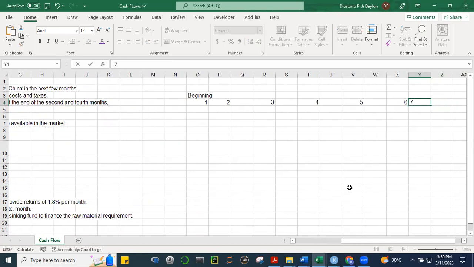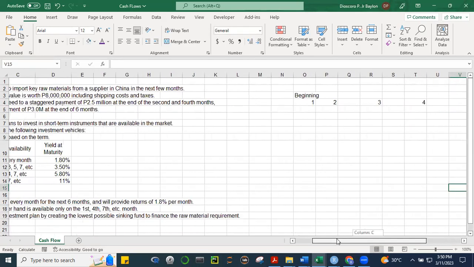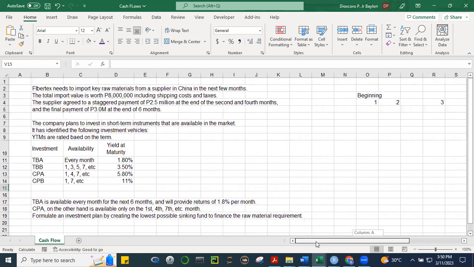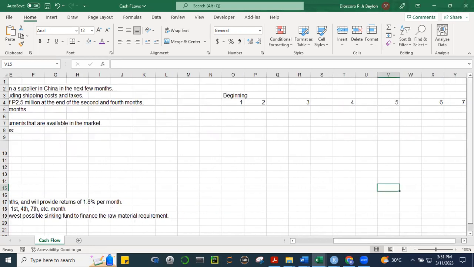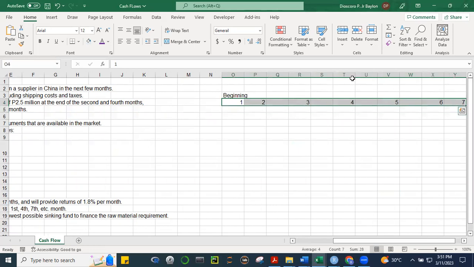Why up to month 7? Because the agreement with the supplier is that the company should have paid the purchase by the end of the 6th month, which is the beginning of the 7th month. All right, so this is the timeline.